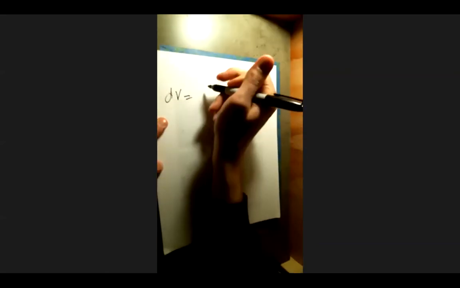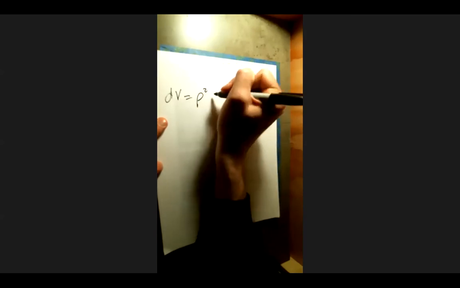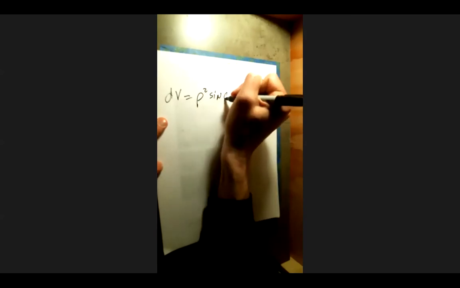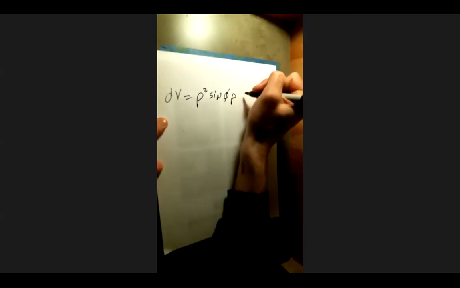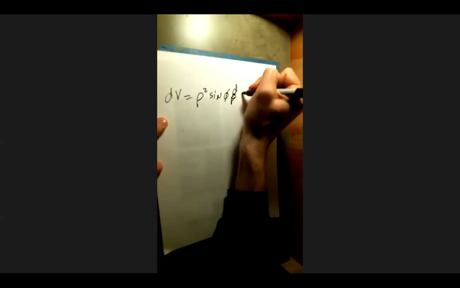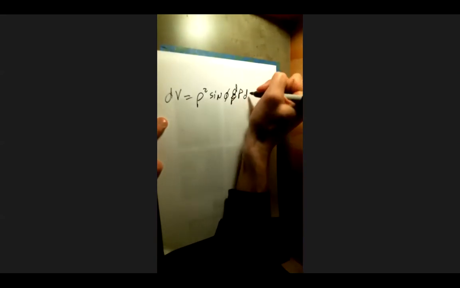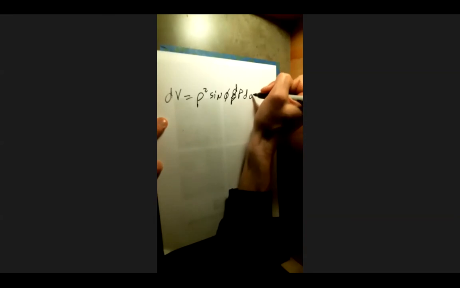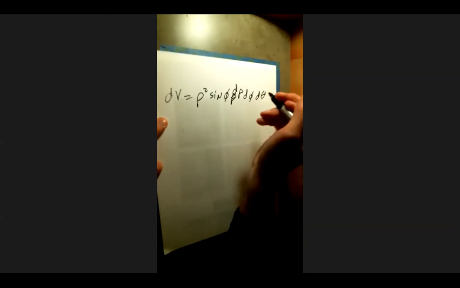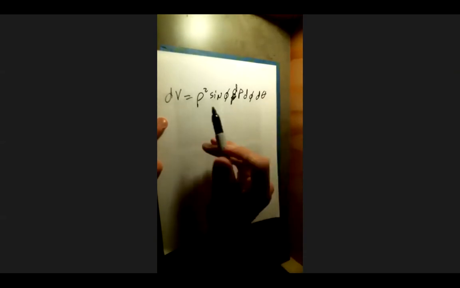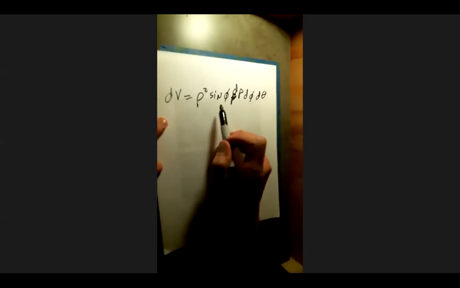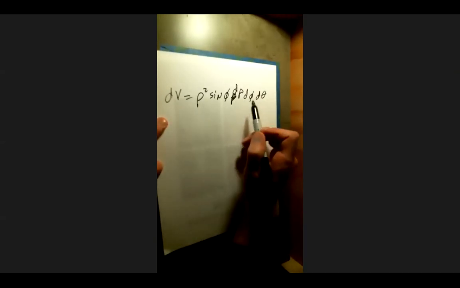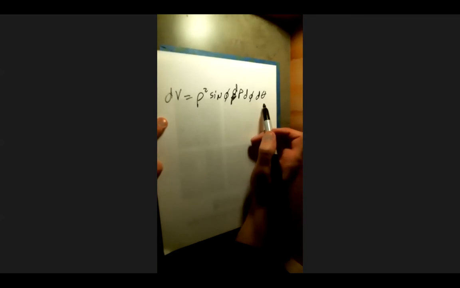So here's the formula that you need for spherical coordinates. dV is equal to rho squared sine phi d rho, it doesn't matter which order, d phi d theta.